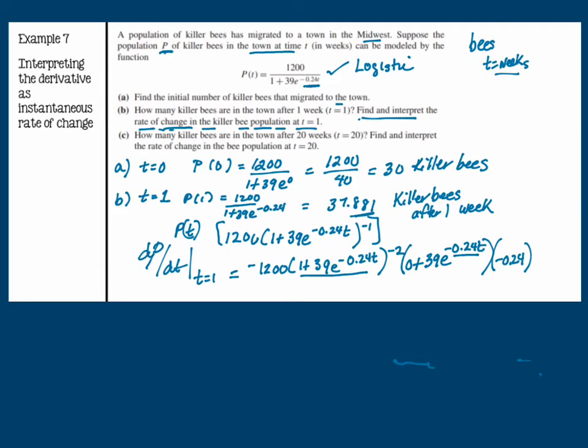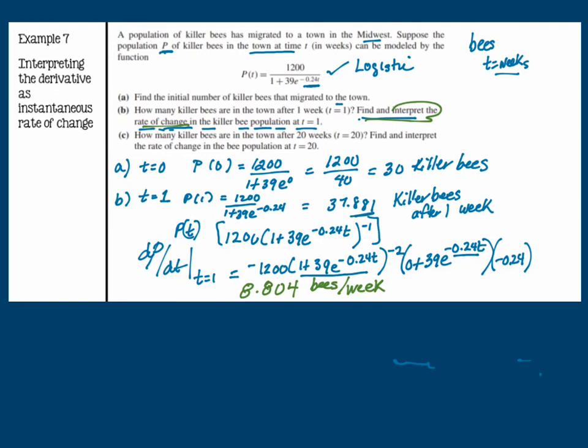Since you're just using your calculator anyway, if you punch that in with t equals 1, you get 8.804 bees per week. Okay, so what does this mean? It says interpret the rate of change, so you can't just ignore that request.